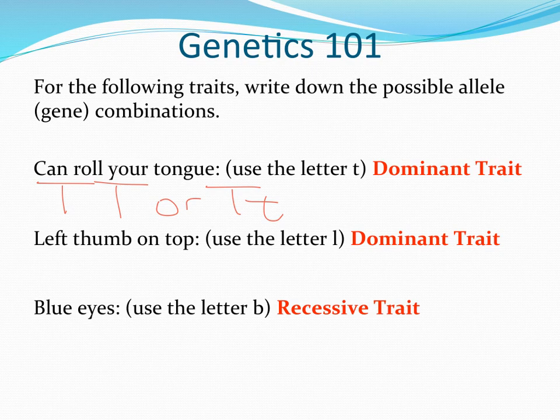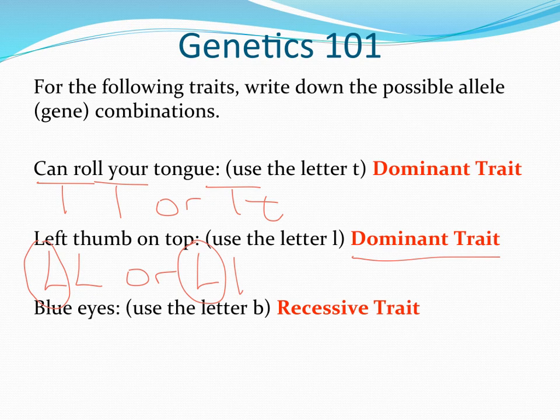You would have either a big L, big L, or a big L, little l, because remember, every time you have at least one big L, it will show or express the dominant trait.